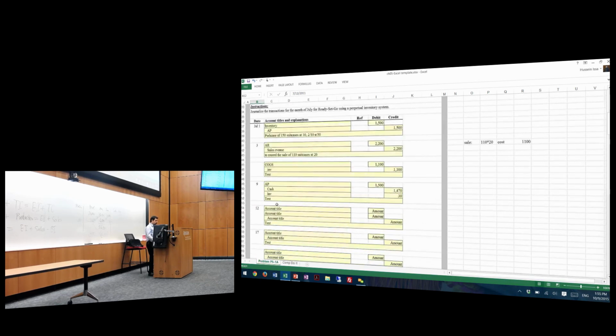So on July 12th, the company's accounts receivable will be credited in full, right? So how much was the accounts receivable from that customer? 2,200.